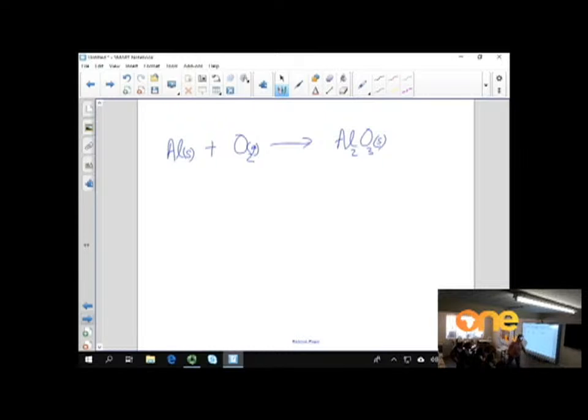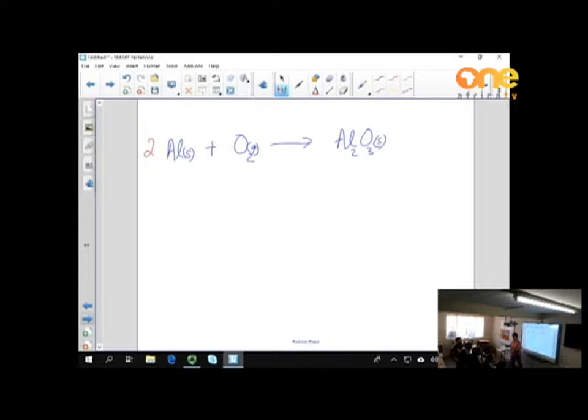Now we start balancing. Balancing, large numbers in front. They usually say balance the following equation, include state symbols. Okay. So we have 1 aluminium there, but here we have 2. So we need probably 2 aluminiums. Over here we've got 2 oxygens, but there we've got 3.